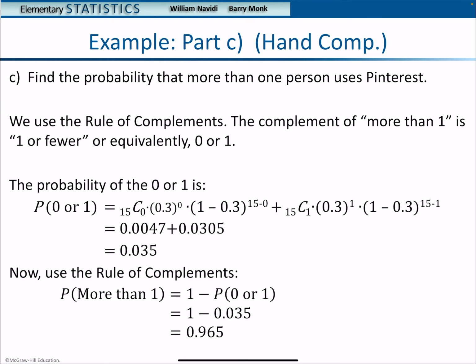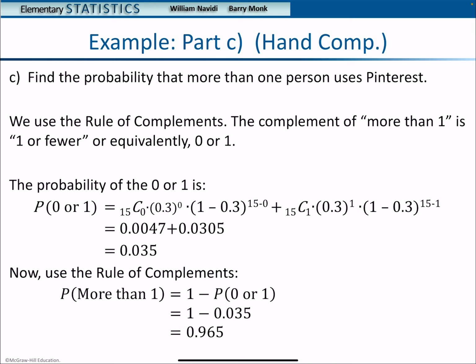So how does that work? So we could use the rule of complements, because more than one would be P of 2, P of 3, P4, P of 5, and so on, all the way up to 15. And we don't really want that, right?